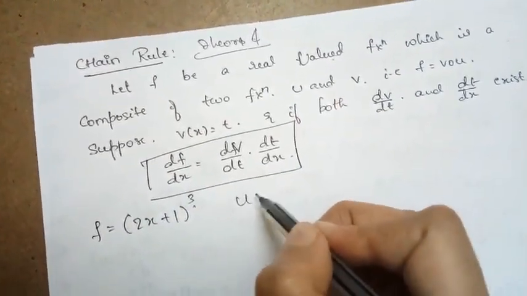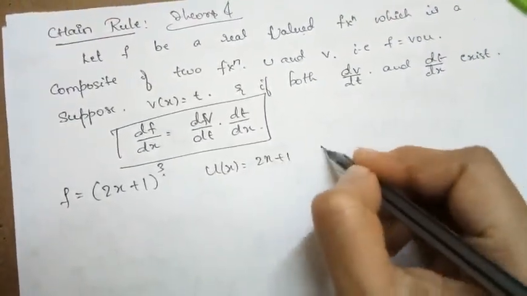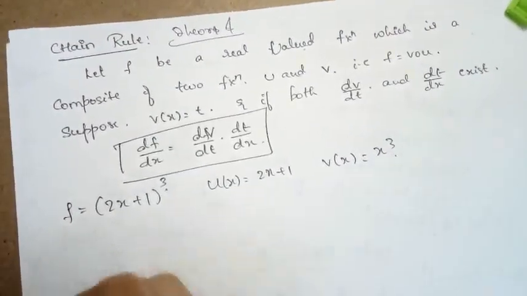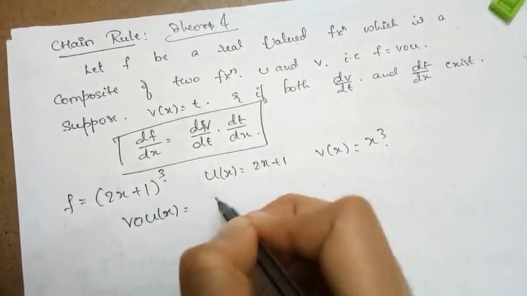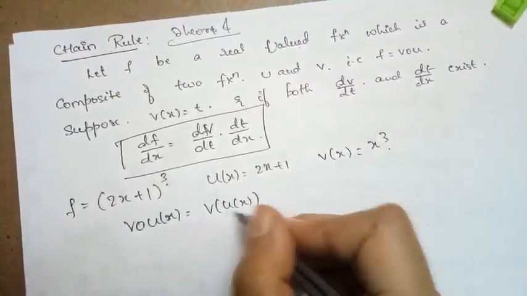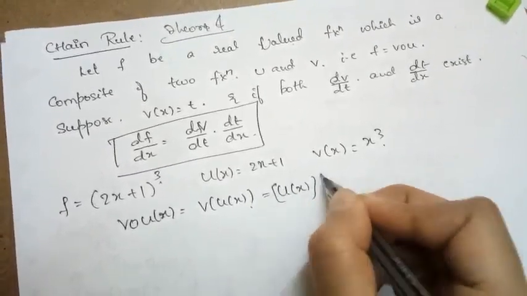Suppose I consider u of x as 2x plus 1 and v of x as x cube. What happens to v of u of x? Since v of x is x cube, v of u of x becomes u of x whole cube. What is u of x?